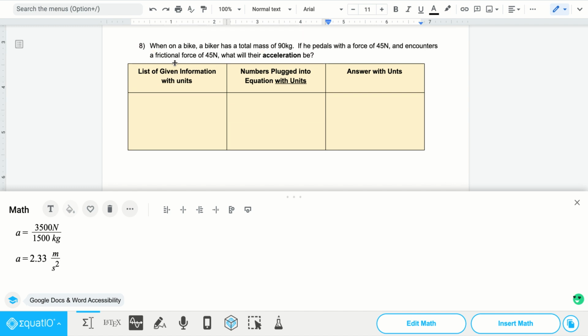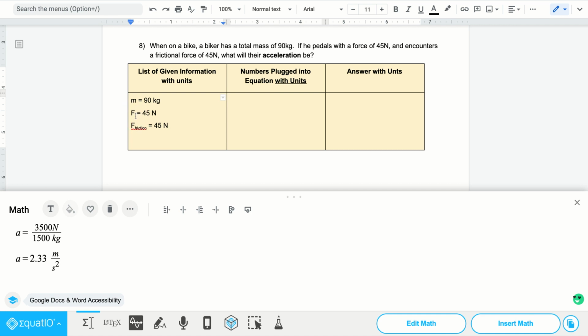And number 8. When a bike rider and a bike have a total mass of 90 kilograms, he pedals with a force of 45 newtons and encounters a frictional force of 45 newtons.